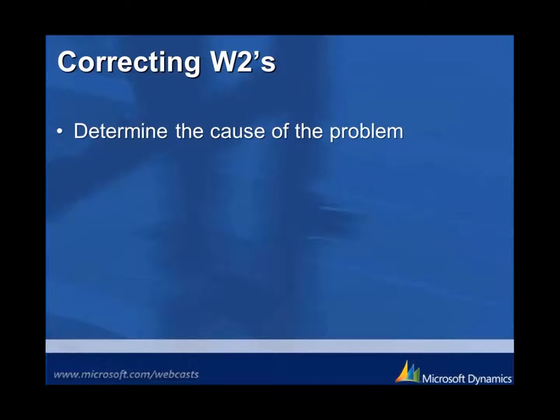There are a number of reasons for this, but the very first thing that we have to do is determine the cause of the problem. We can't just go ahead and edit information just because it doesn't look right to us. We need to identify what caused the problem to begin with so that we can troubleshoot it and make sure that it's correct for next year. And we also don't want to do anything that's going to make anyone unhappy.